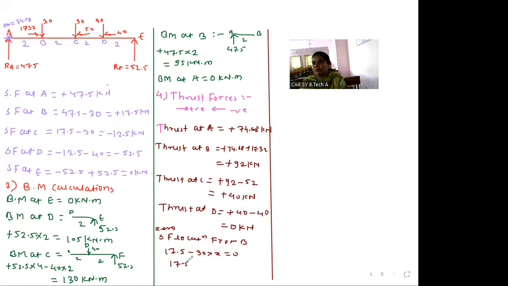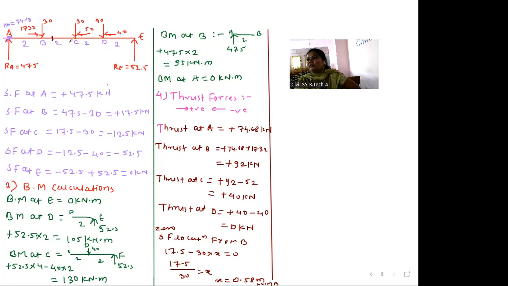So 17.5 divided by 30 is equal to x. So x is equal to how much? 0.58 meter from B. So from this B, suppose here shear force is 0.